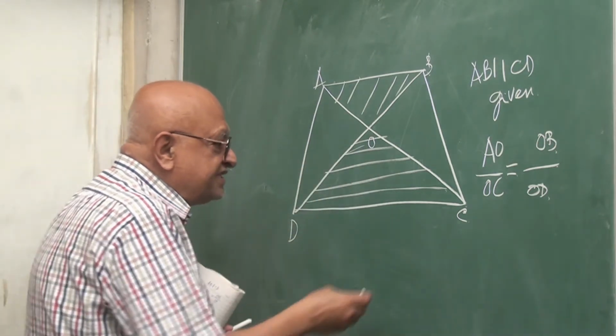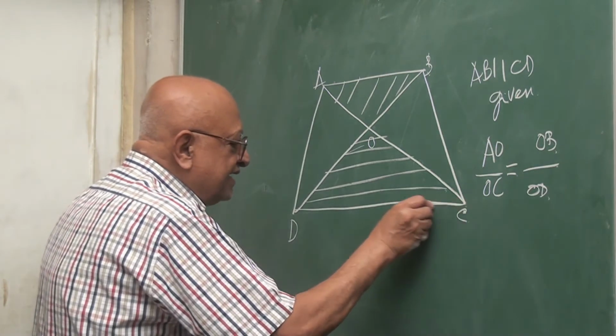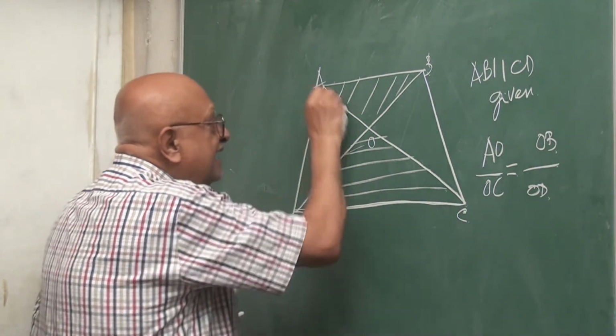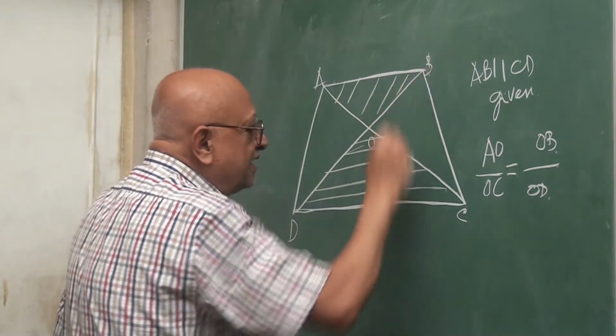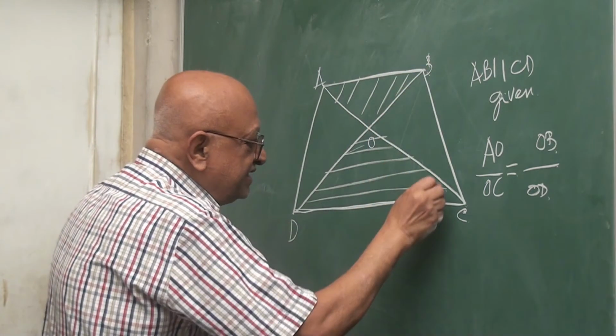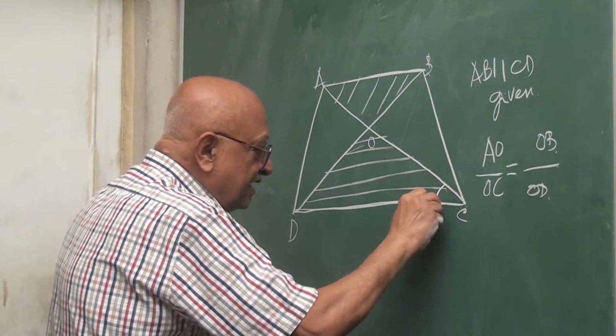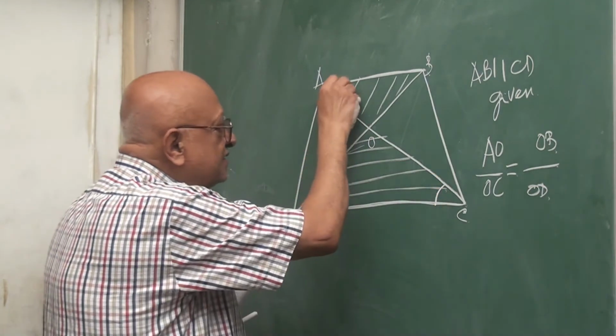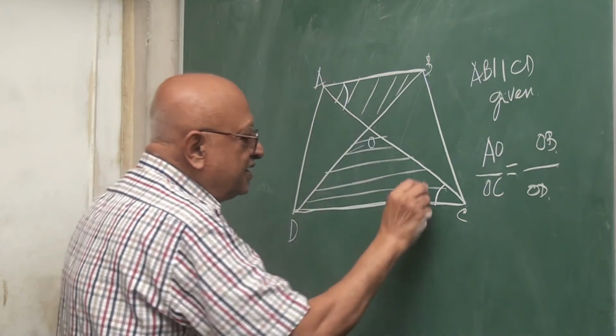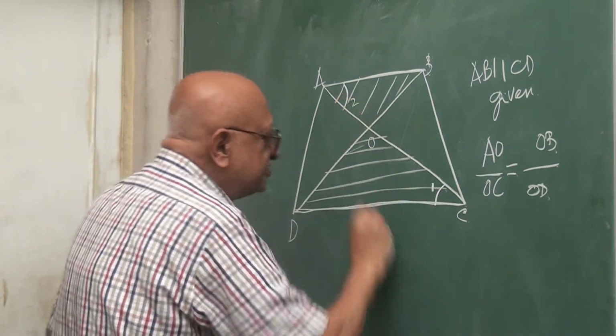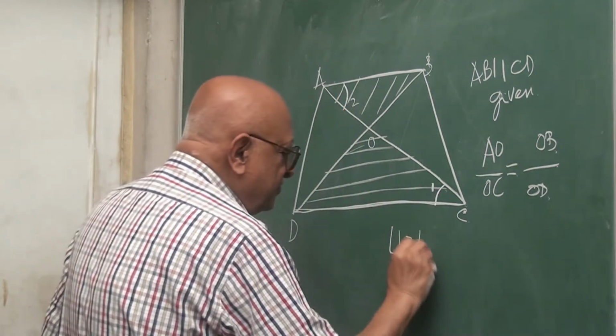So I will see that this line and this line are parallel. So this angle and this angle are alternate angles. So angle 1 is equal to angle 2.